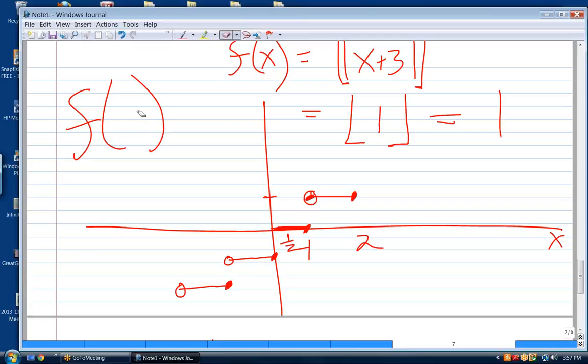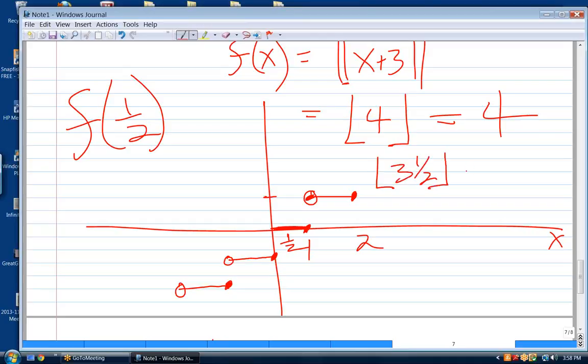Okay, what's the next one they wanted? 1/2. We got to plug it into that. So f of 1 was actually, if we plug in 1 for x, we get 4. F of 1/2 is going to be 3.5.